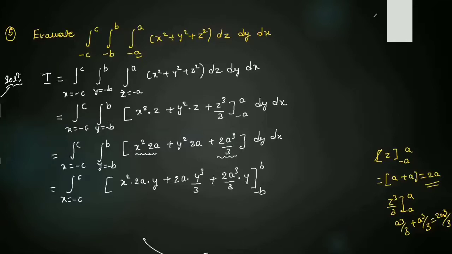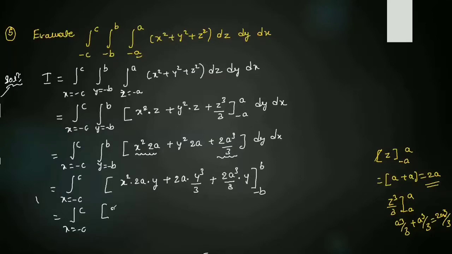Now you tell me, if I substitute the limits minus b to b in place of y, what will I get? b and minus b gives plus b, 2b. Similarly, here for z, if you substitute a and minus a, you get 2a. In place of y, if you substitute b and minus b, you get 2b. Here also 2b. What will be here? 2b cube by 3. Similarly, the first one, we have done the same procedure.